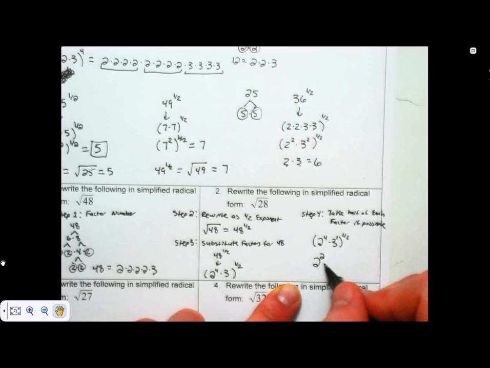So what I'm going to do is just leave 3 inside like that. I can't do anything with it. And so now my final answer is I just want to reintroduce the square root again. So 2 squared is 4. And then 3 to the 1/2, that's the same as just writing the square root of 3. So that's my final answer.